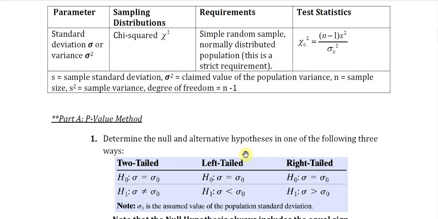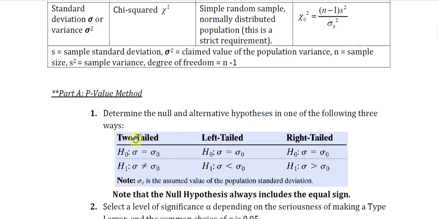Okay, so the first part we go with the p-value method, and then the second one we will go with the critical value method. Now, as always, we have to determine the null and alternative hypotheses in one of the following 3 cases: two tails, left tail, or the right tail. For the two tails, the null hypothesis is sigma equal to sigma naught, and this is the same for all 3 cases. So the null hypothesis always involves the equal sign.